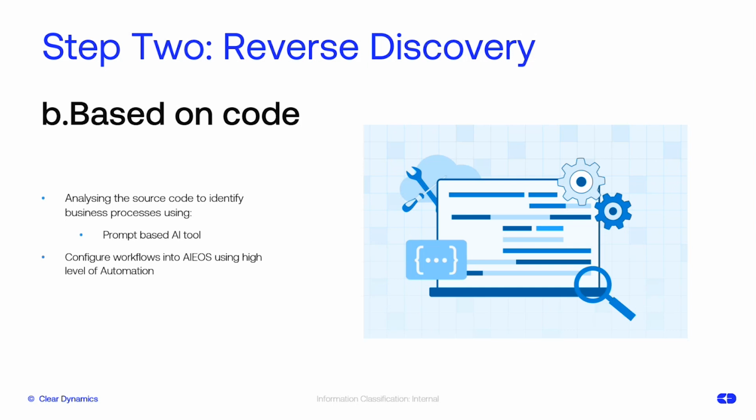And so that's where we use AI and machine learning to actually reverse discover some of the business rules within the code base, and then match that together with the information we've discovered from the data in order to give you the best chance of having the new business processes and rules up and running in the new clone system.